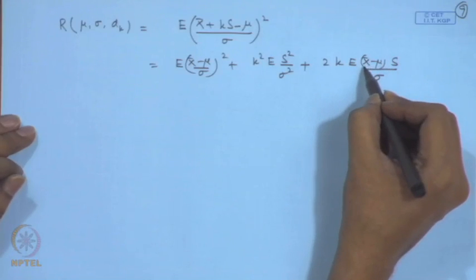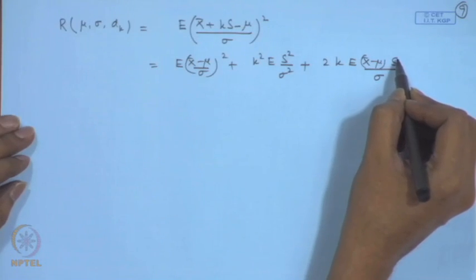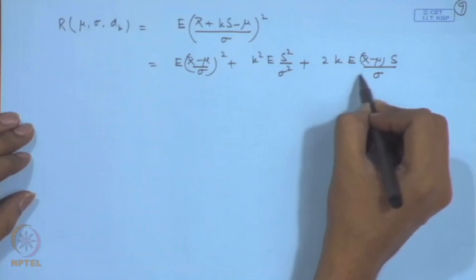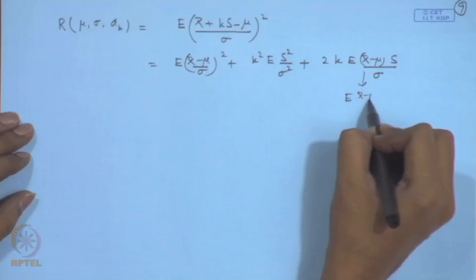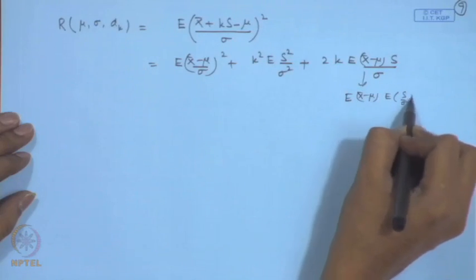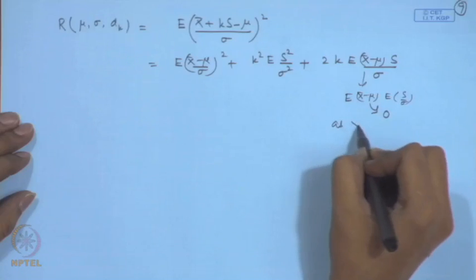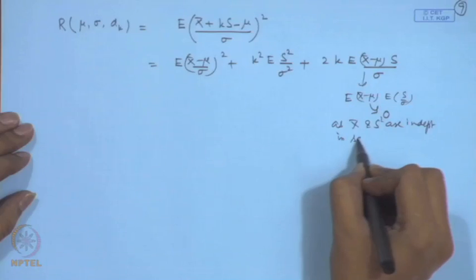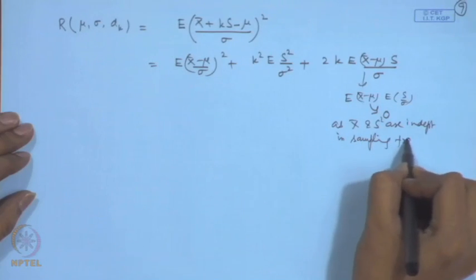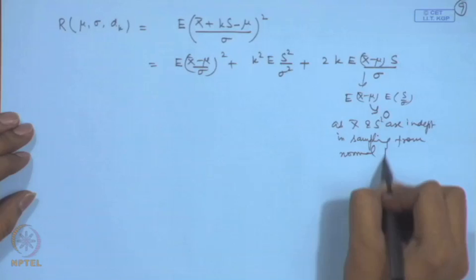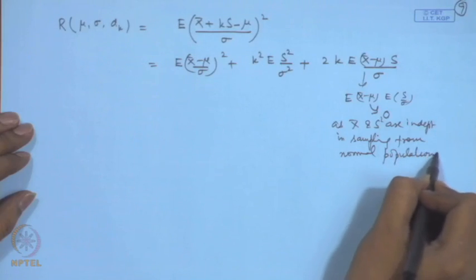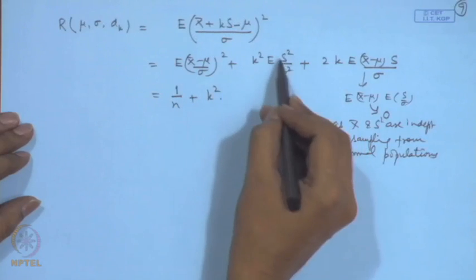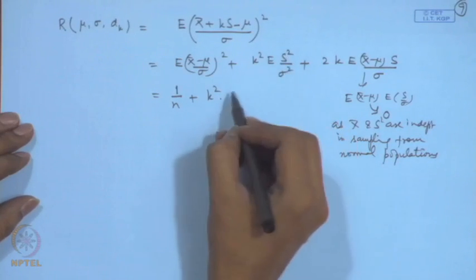Now, in sampling from normal distribution, we know that x bar and s square are independently distributed. So, this term will become 0, because this will become expectation of x bar minus mu into expectation of s by sigma, and this is 0, as x bar and s square are independent in sampling from normal populations. So, this term simply becomes 1 by n plus k square, since expectation of s square is sigma square. So, this is simply 1.